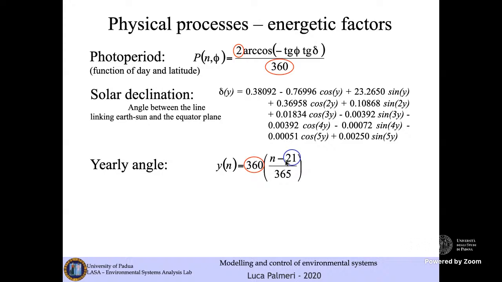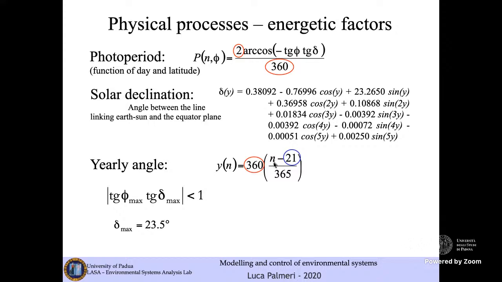the assumption is to employ, in terms of days, the difference between the spring equinox, that is the 21st of March. So n equal to 0 will be the first day of March.